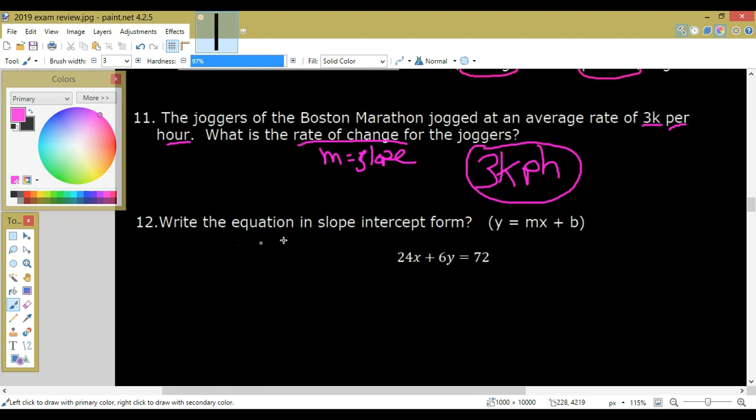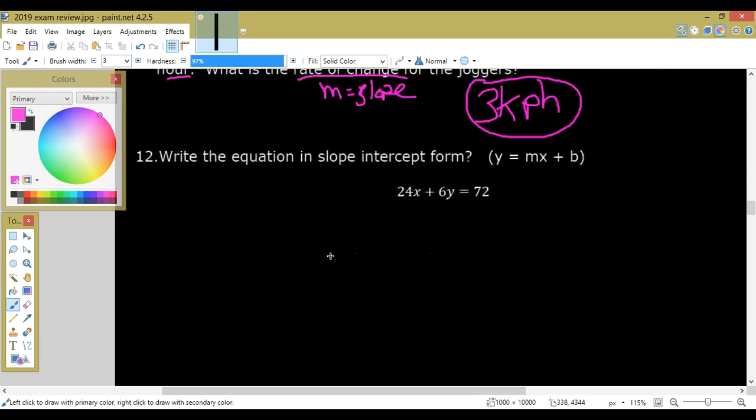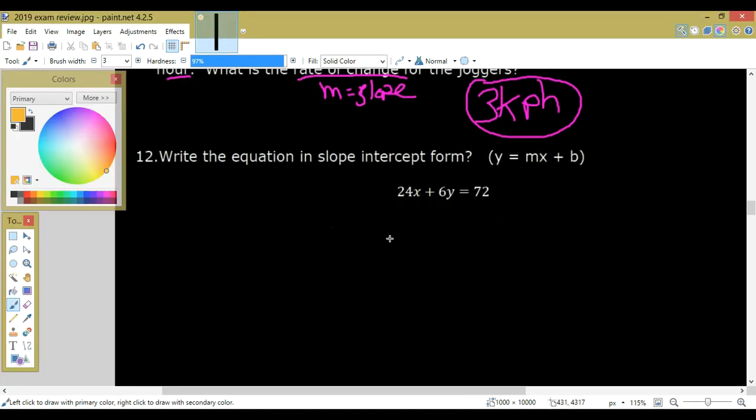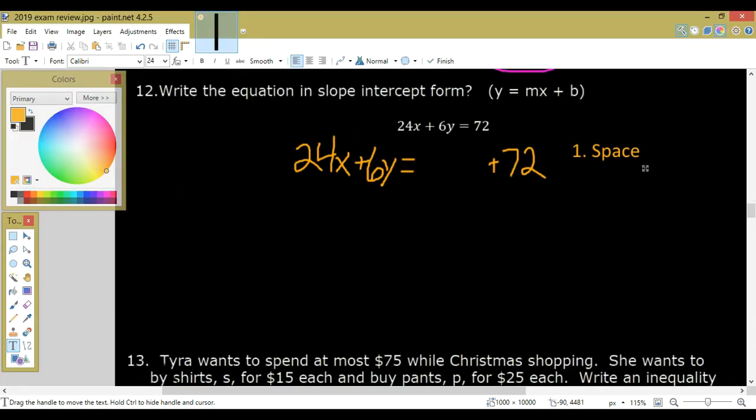12. Write the equation in slope-intercept form. Y equals mx plus b. To do this one, here are the steps. Step 1, space. So we have 24x plus 6y equals space plus 72. Step 2, subtract 24x from each expression.